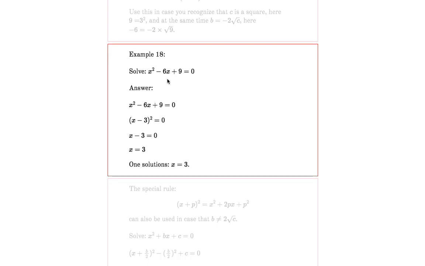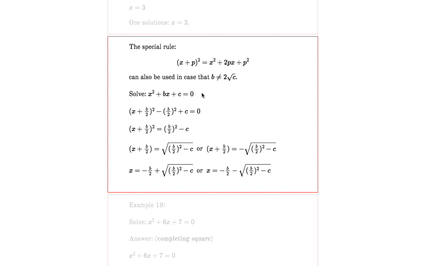An example: x squared minus 6x plus 9 is 0. That is exactly this one, because minus 3 times minus 3 is 9, and 2 times minus 3 is minus 6. And then you're almost done. x minus 3 is 0, x is 3.